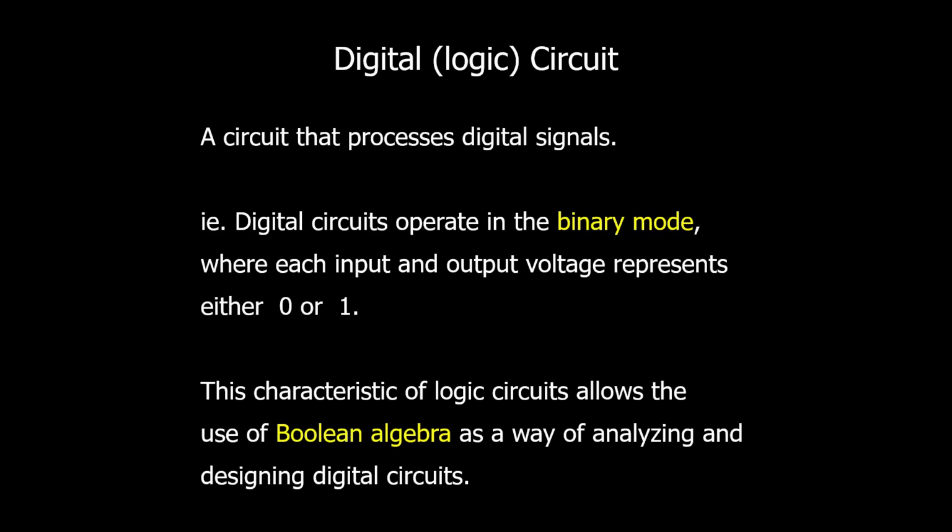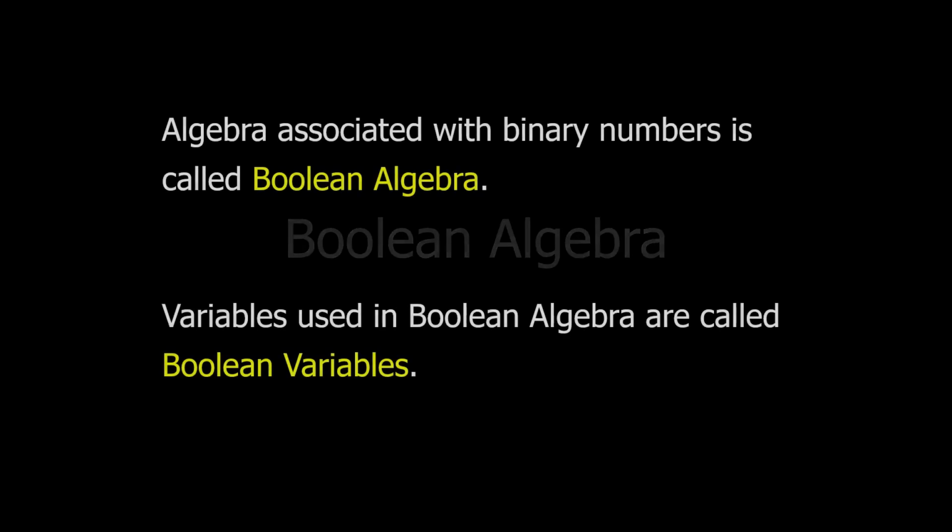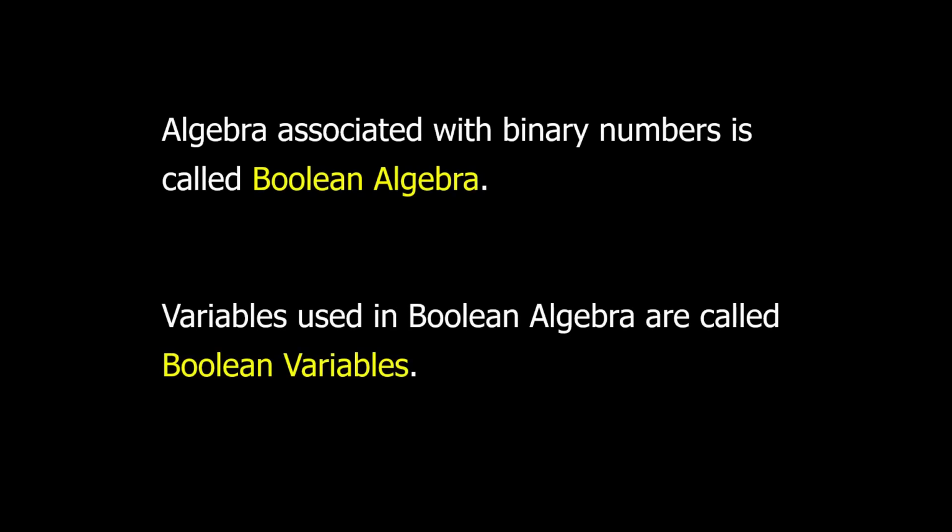As we are going to use Boolean algebra in digital circuit design, let's look at the concepts of Boolean algebra now. In normal algebra, we are using the decimal number system, which contains 10 variables. But in Boolean algebra, we are using the binary number system, which contains only 2 variables. And these variables are called Boolean variables.